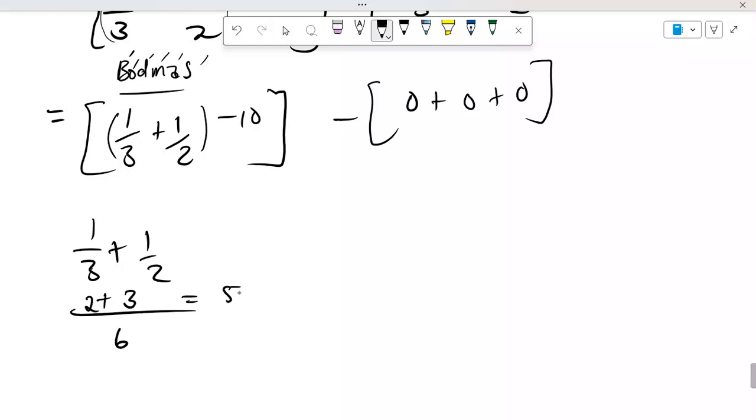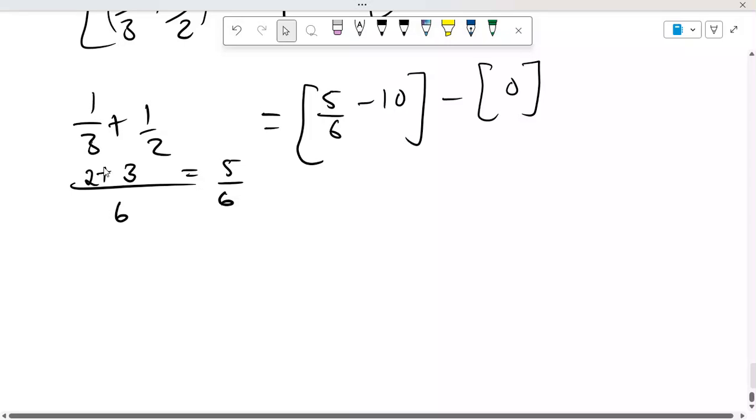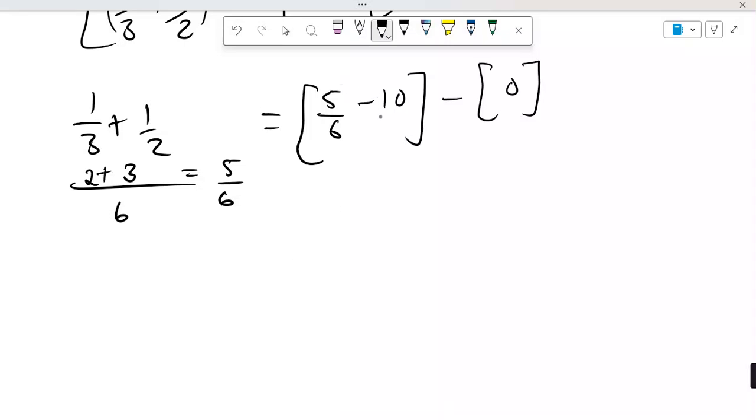So this is just 5 over 6. I'll continue from here. It will be 5 over 6 minus 10 minus 0.